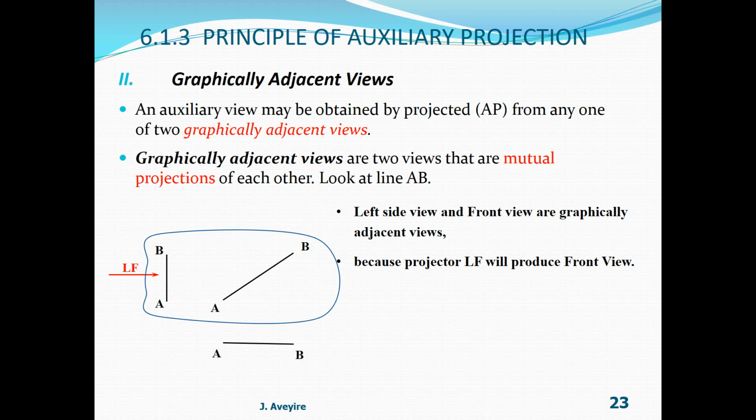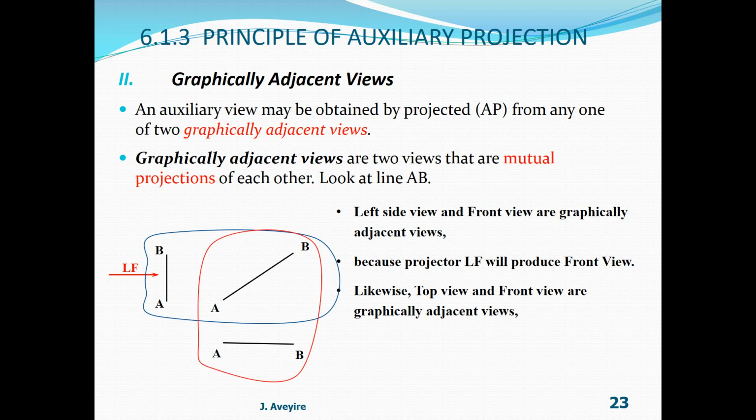Consider the top view now being provided as a horizontal line. Likewise, the top view and the front view are graphically adjacent views. Why? Because projecting the top view would produce the front view.